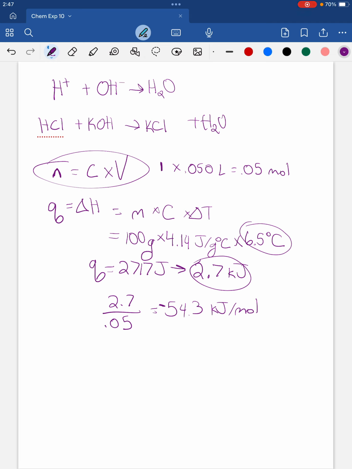You will figure out all of your delta H's, then add and subtract them together to get your delta H of potassium chloride from your salt. I want you to work through that one on your own. It's just adding and subtracting, but you'll need to figure out what to add and what to subtract there.